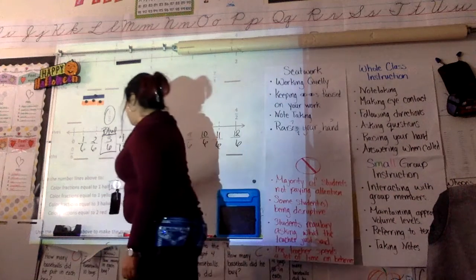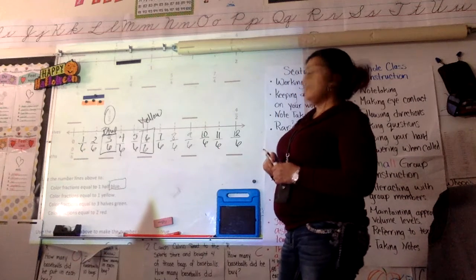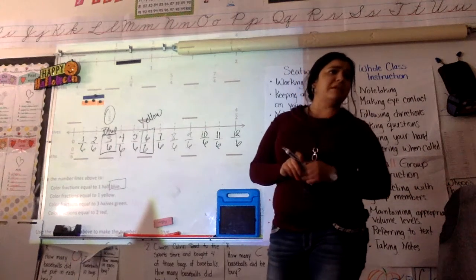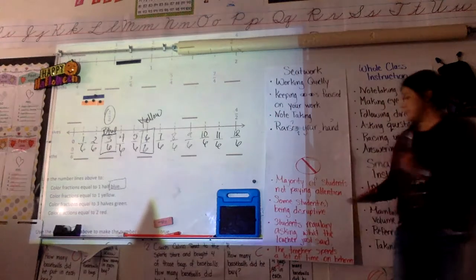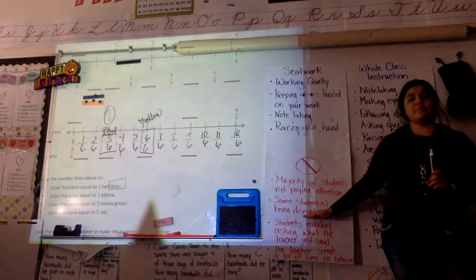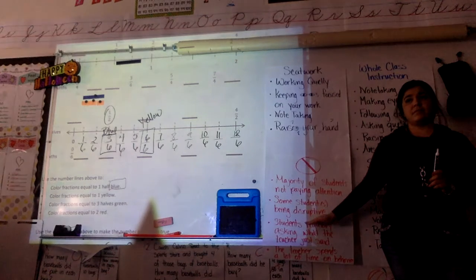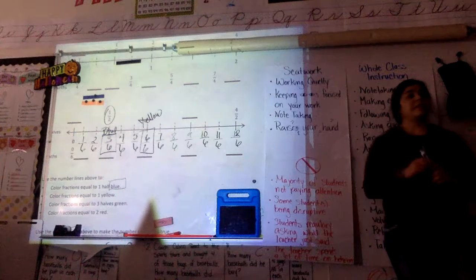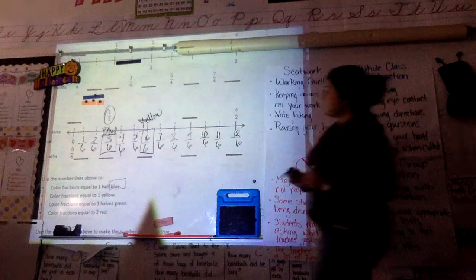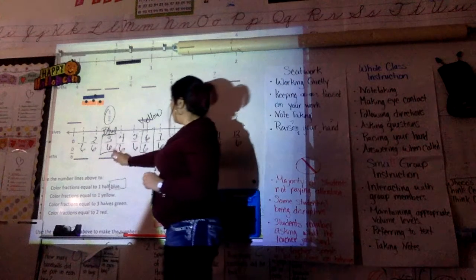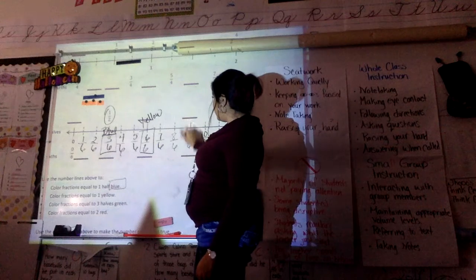The ones that are equal to 3 halves. So 3 halves. That's confusing. Yes, Natalia. Okay, so 3 halves. We have 1, 2, and 3.